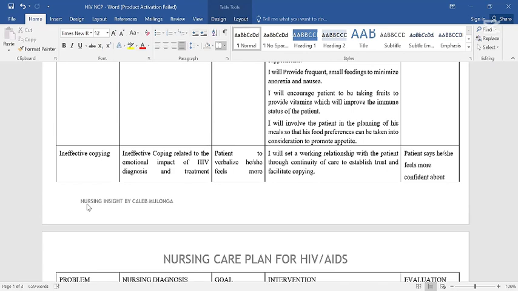Okay. Then let's go to our third problem, which is you find that a patient with HIV and AIDS, some of them, or especially in the beginning, will have difficulties believing that they are the ones that are sick or have this particular ailment.